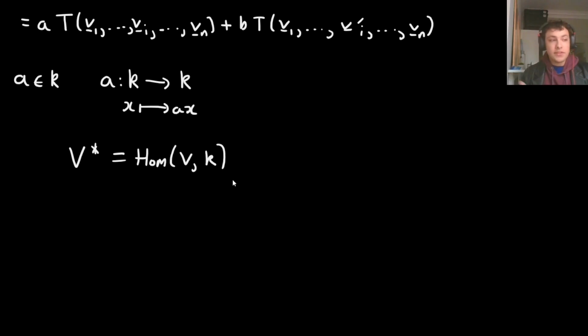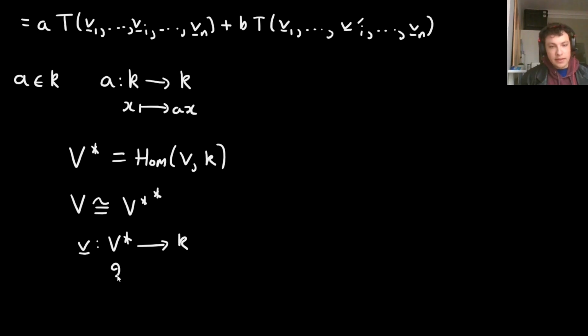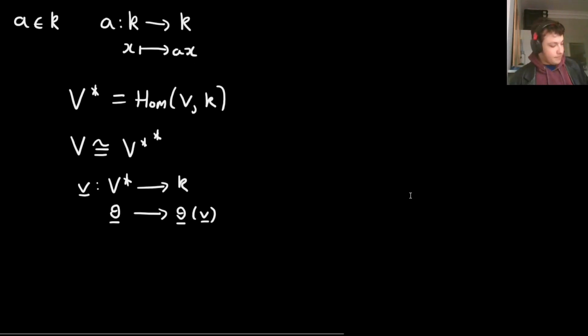Obviously, elements of the dual space are linear maps with one argument, so that is a multilinear map. So dual vectors are tensors, and because V is isomorphic to its double dual, we can say that every vector is in fact a tensor because it's a map from its dual space V star to the field K, and basically a form theta is going to go to just evaluating it at V, and that is a linear map.